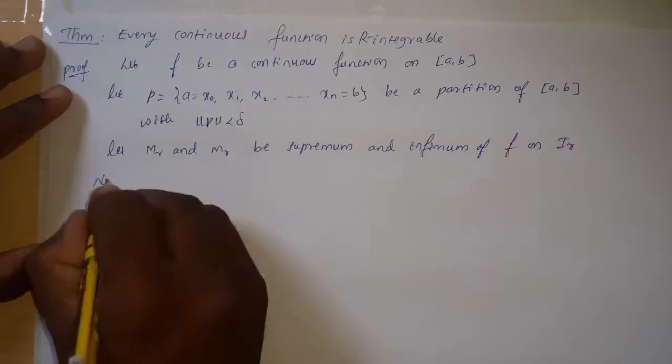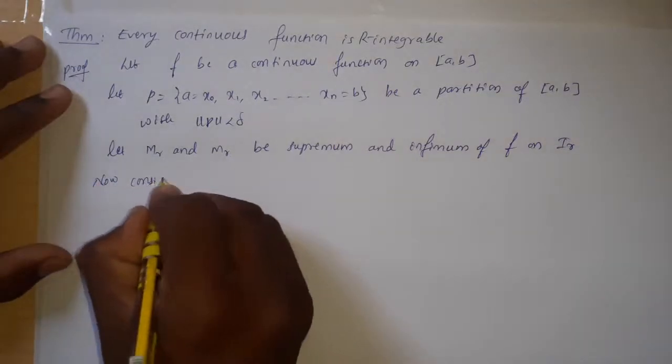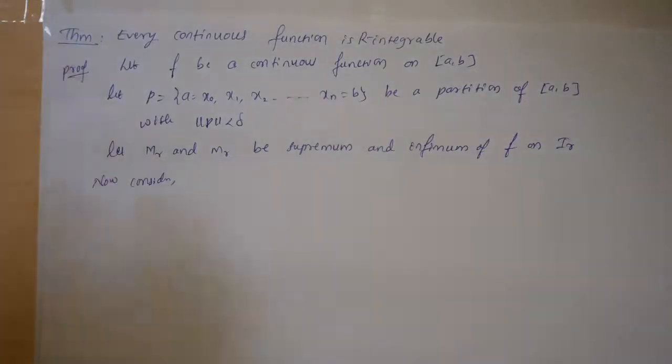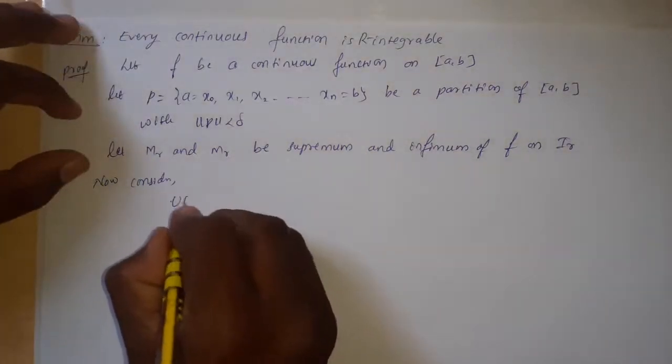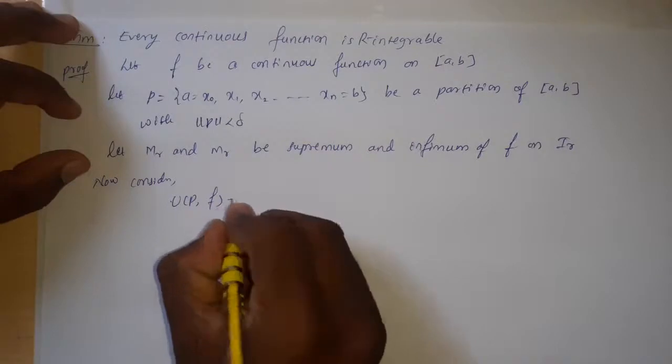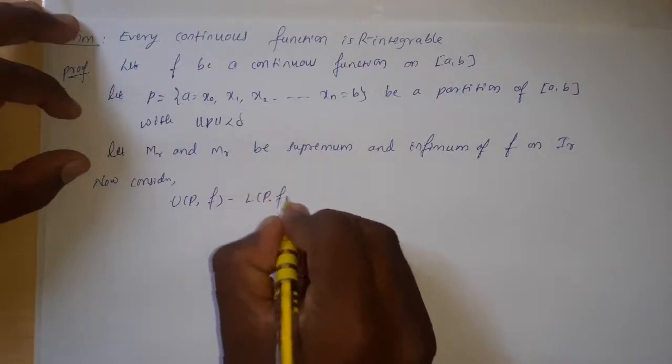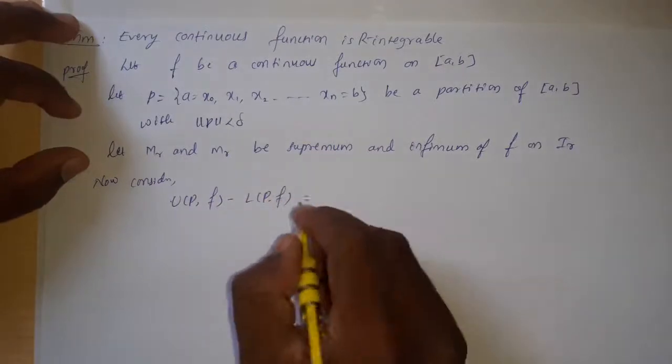Now, to prove that f is Riemann integrable, we are going to use the necessary and sufficient condition, that is, U(P, f) minus L(P, f) is less than epsilon. So, now consider U(P, f) minus L(P, f).